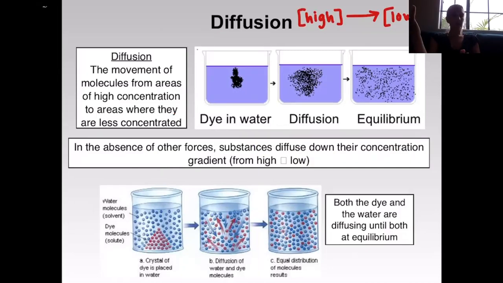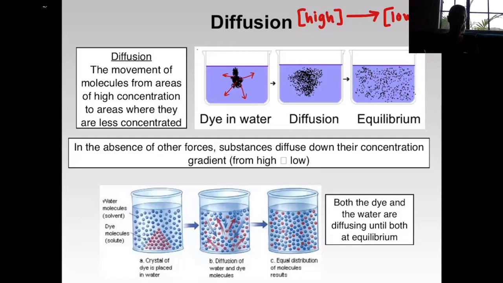Take a cup of water, it helps if it's a see-through cup, and then just put a drop of food coloring in. What you can see is that the solute, the dye, will move away from its area of high concentration down towards where it's less concentrated.